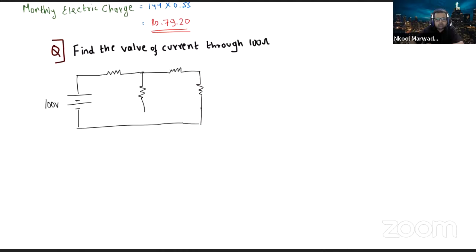Now I can name the values: 100-volt battery, 120 ohm resistance, 150 ohm resistance, 40 ohm resistance, and 100 ohm resistance.